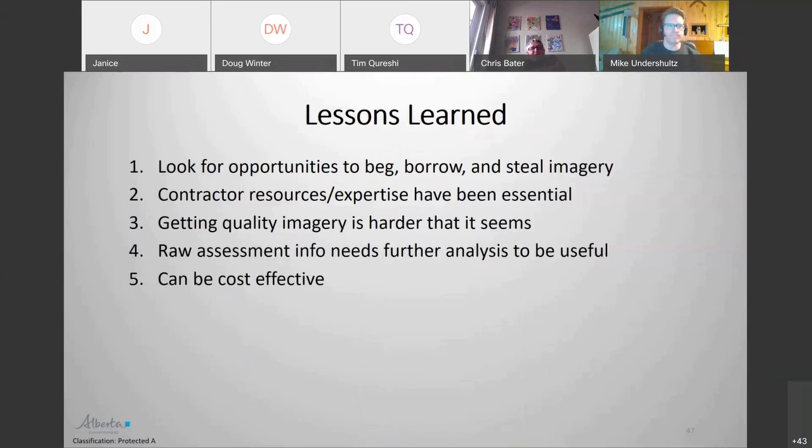Yeah, I think probably the number one thing we talk about all the time is how important the quality of the imagery is. It's actually harder to get cloud-free, smoke-free, haze-free imagery than we anticipated.